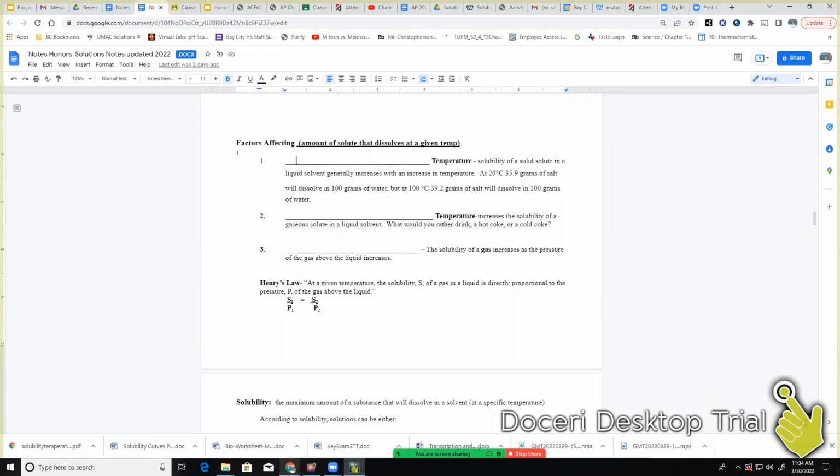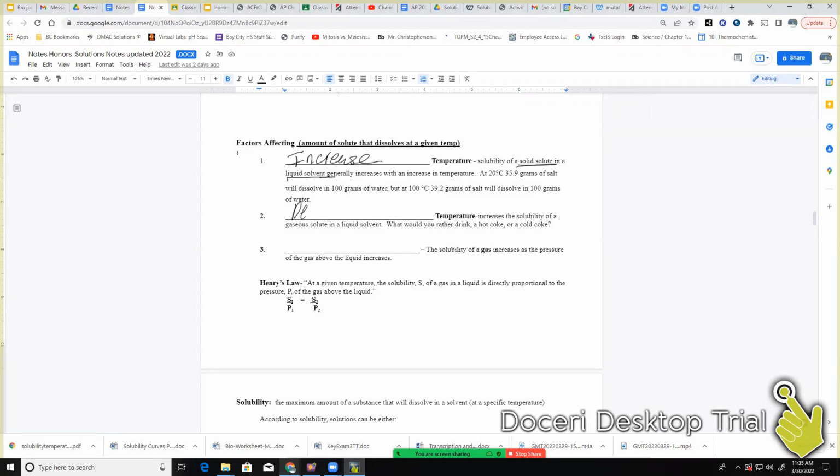So we could first of all have an increase in temperature, and that would increase the solubility if you have a solid solute in a liquid solvent. So if we have salt and we're dissolving it in water, if we heated up the water, we would be able to dissolve more salt.